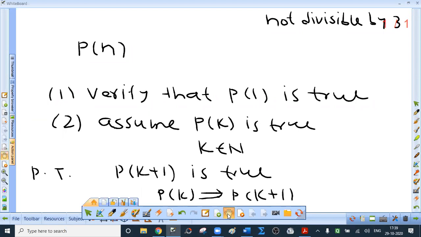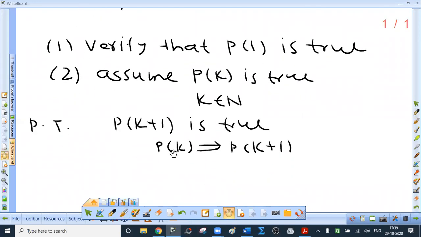Now, we have already verified that the result is true for n equal to 1. So I will put k equal to 1. So if P of 1 is true, P of 2 is true. Is P of 1 true? Yes, we have verified that P of 1 is true. So P of 2 becomes true. Put k equal to 2. If P of 2 is true, yes it is, then P of 2 plus 1, that is P of 3 will be true, and so on.